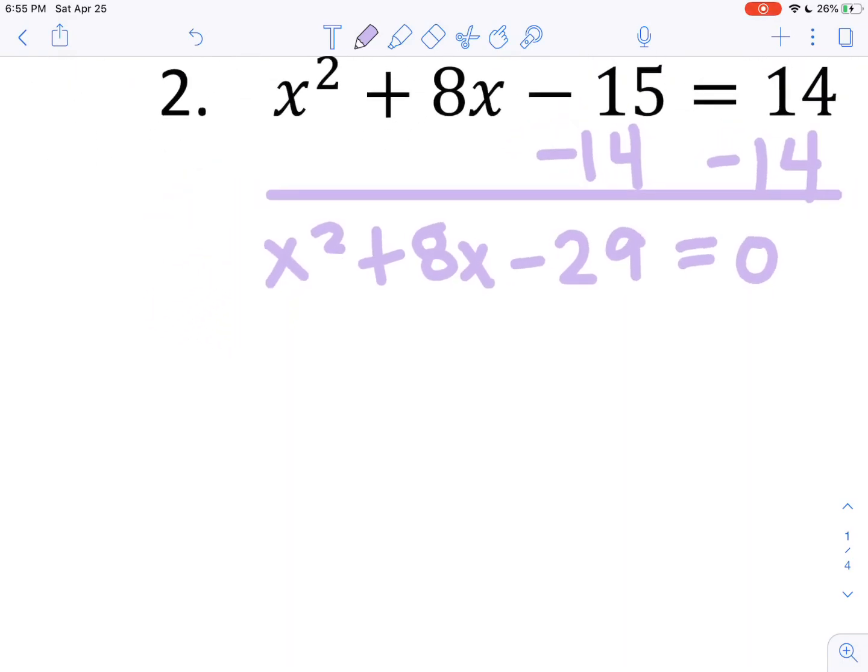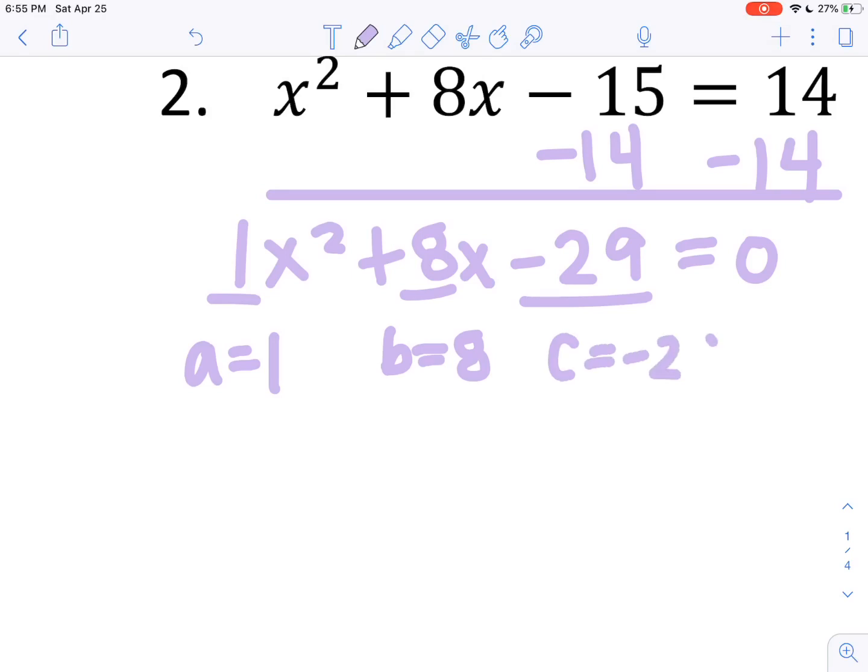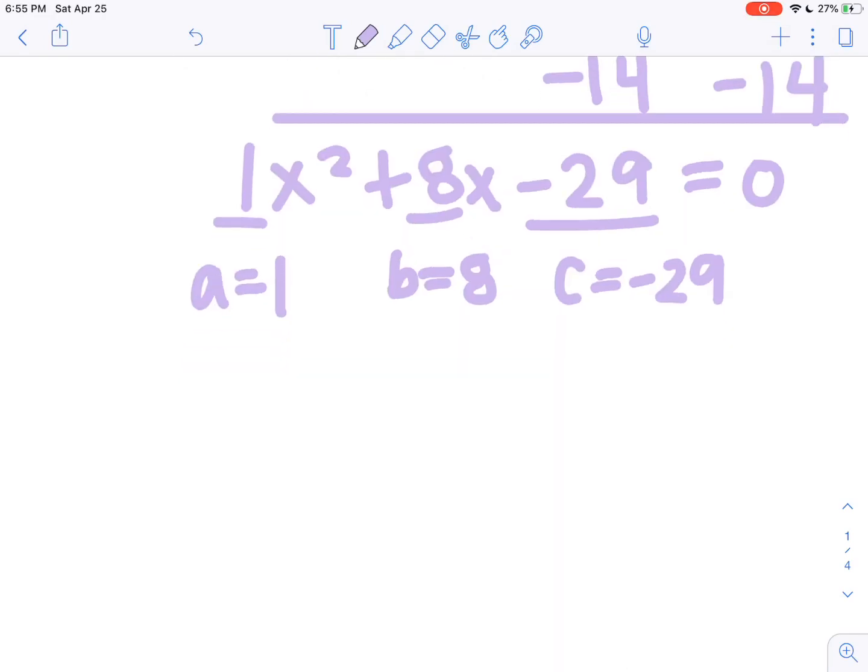So I am going to identify my a, b, and c. Since there is no number in front of the x squared, remember there's an invisible 1, that's my a. Okay, and then here's my b, and here's my c, and I'm going to plug that into the quadratic formula.